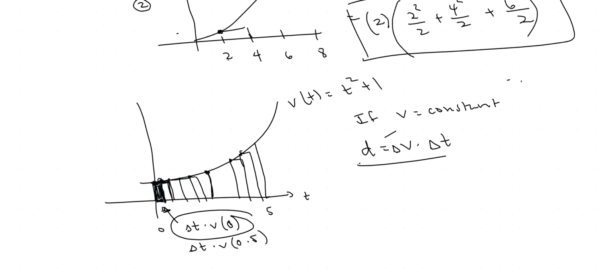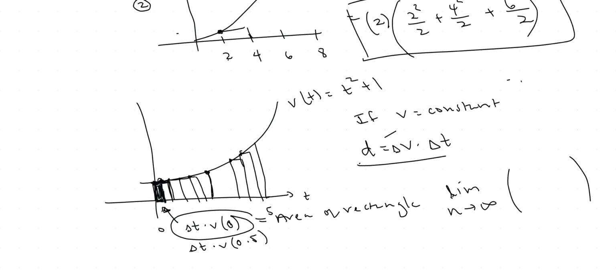So let me write that. If we can take these little rectangles to be super small or infinitely many, then we can take the limit as the number of rectangles, n, goes to infinity of my formula that I'm about to give you. This is what the definite integral is going to be.